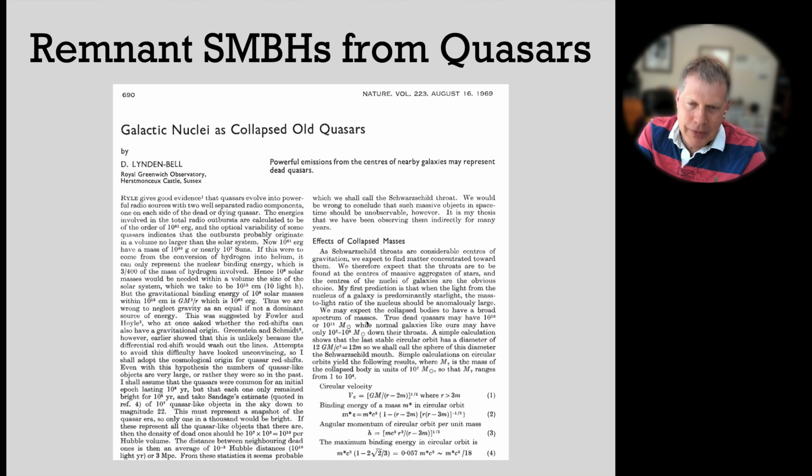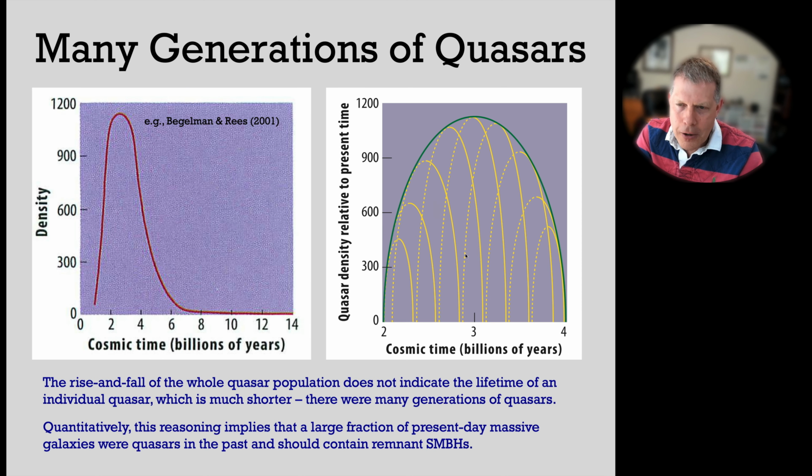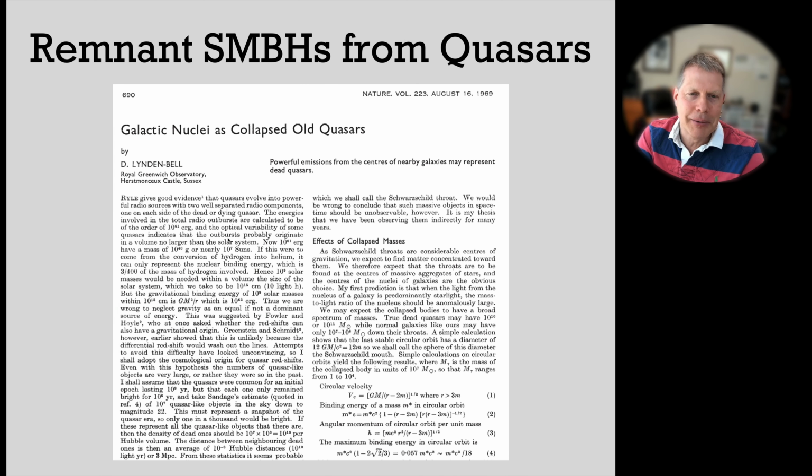But even though these were very early days, the basic idea that there might be lots of old quasar remnants hanging around was well appreciated back in 1969. You can see here, even the little subtitle says, "Powerful emissions from the centers of nearby galaxies may represent dead quasars." And the paper goes into many details about that.